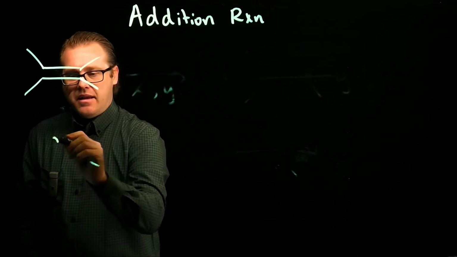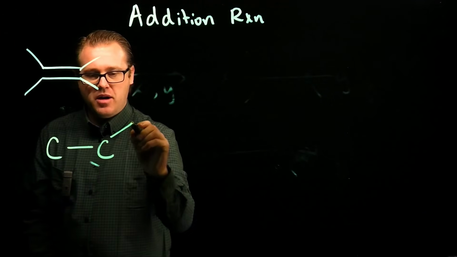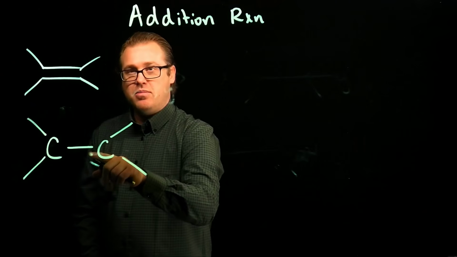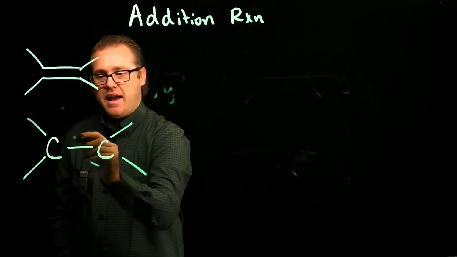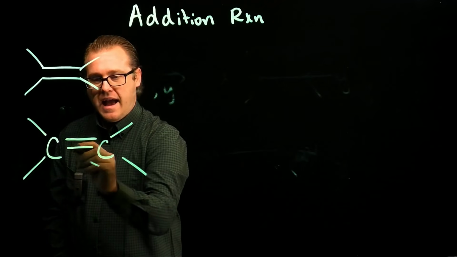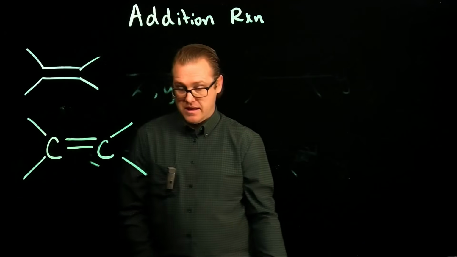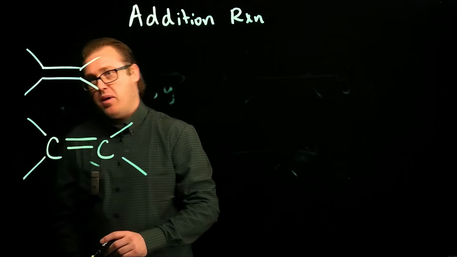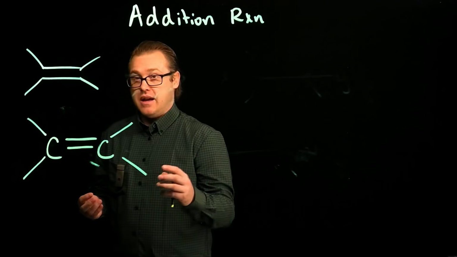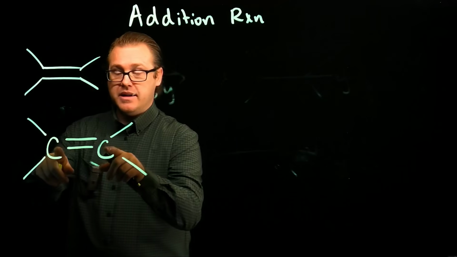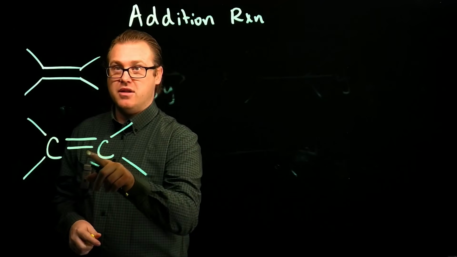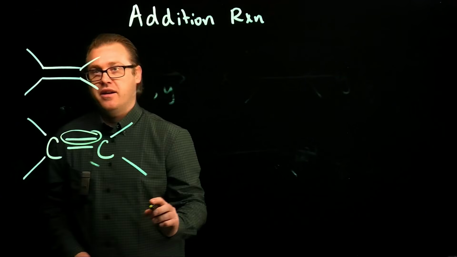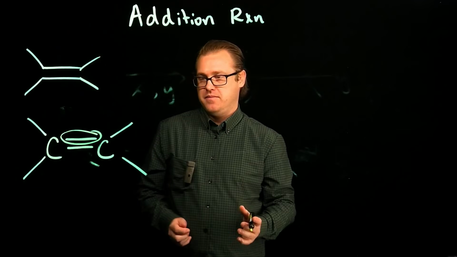When we look at this carbon-carbon bond right here, this first single bond is the sigma bond, and then we add the pi bond, or that double bond. These two electrons in that pi bond are not held as close to the nucleus as the sigma electrons are. So we can use these electrons to do reactions with.